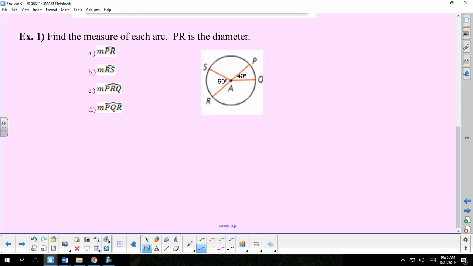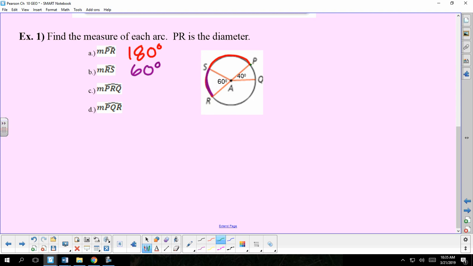All right, so PR, that's exactly half of the circle, so that's going to measure 180 degrees. RS, this purple one, if the central angle there is 60, the arc measures the same, 60 degrees. Next one, I'll do in green.